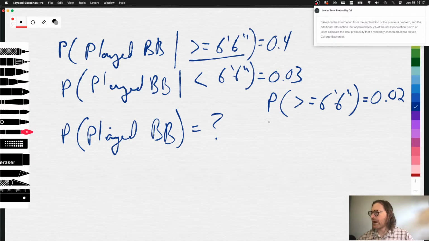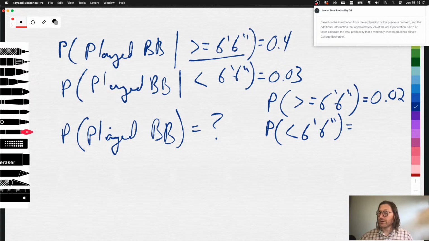Let's put down all the information that we actually have at our disposal. The probability of being shorter than 6'6" in this problem is just going to be the complement of the probability of being taller, or at least as high as 6'6", which is going to be 0.98. Okay, so from there we can apply the law of total probability.